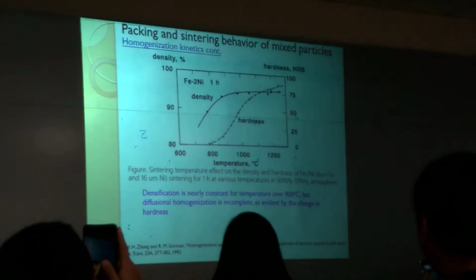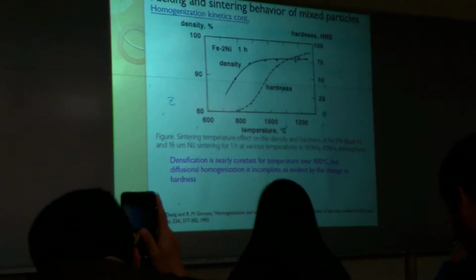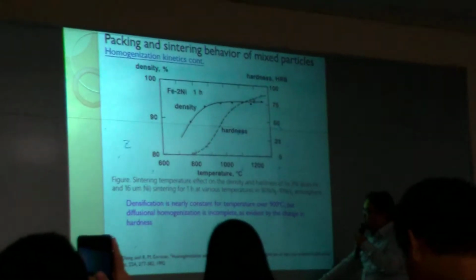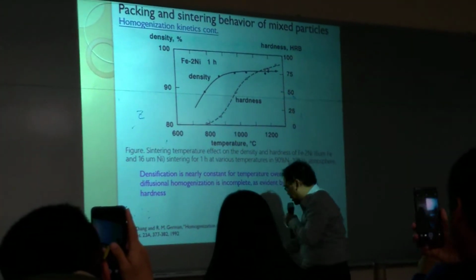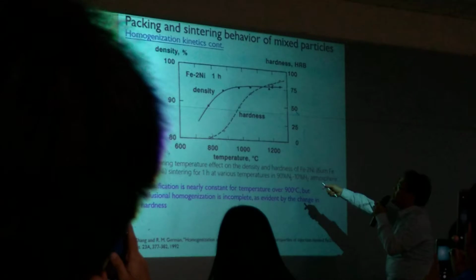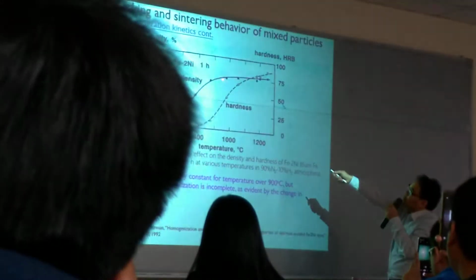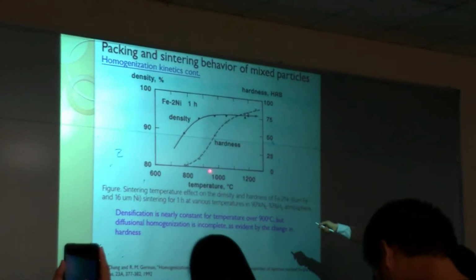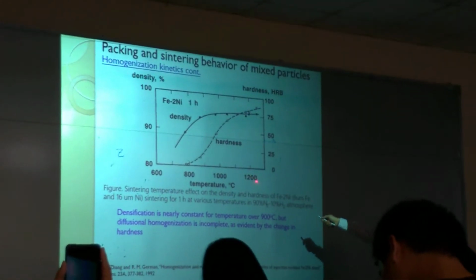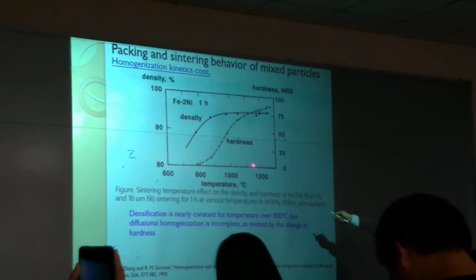Okay, so this is homogenization, right? So this one is very important. Maybe by this figure you need to know this one is homogenization. You can see the characteristic is the density is constant with increasing temperature, or increasing over time.